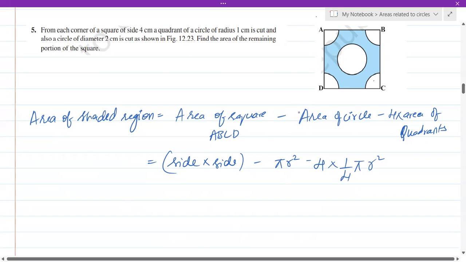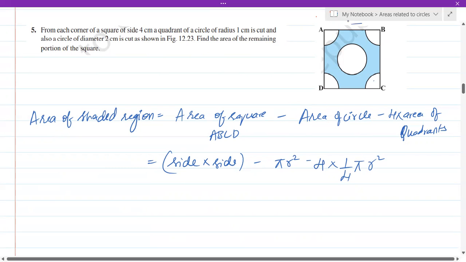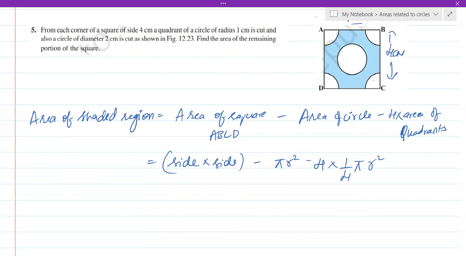Now, if you read the question, from each corner of a square of side 4 centimeter, a quadrant of circle of radius 1 centimeter, and also a circle of diameter 2 centimeter. So the circle which is inside, whose diameter is 2 centimeter, implies radius is 1 centimeter. So the radius of the circle and the radius of the quadrant are same. Therefore, we can use the same r.